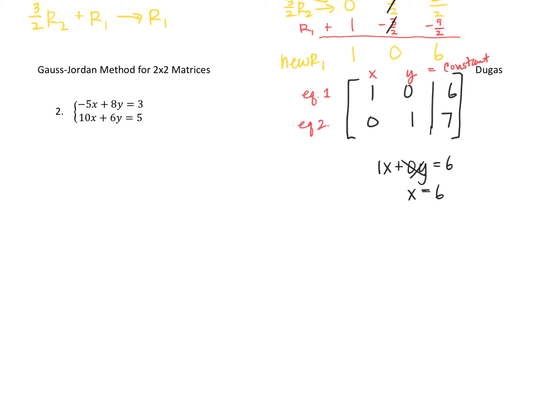x equals 6. In the second equation, notice that 0 is x, right? And then 1 is under the y column. Again, that means there are no x's in that equation. So the only thing represented in that equation is a y. So that's telling you directly that y is equal to 7. So x is 6, y is 7.